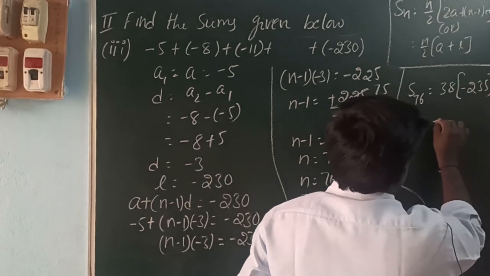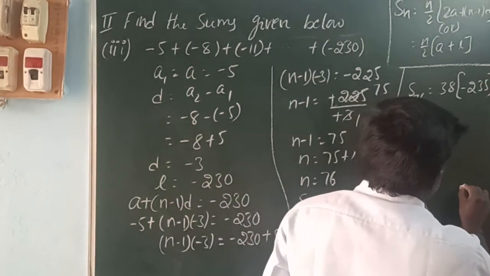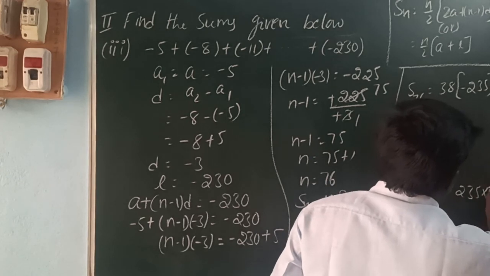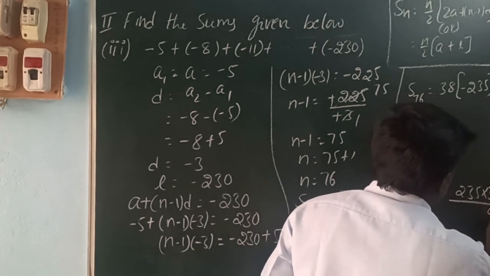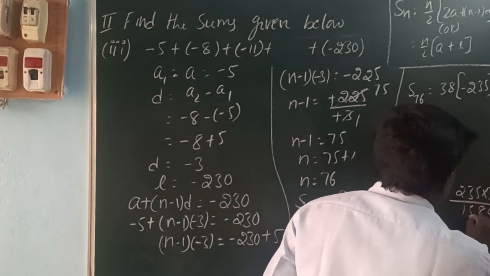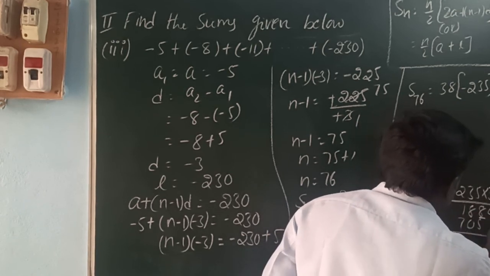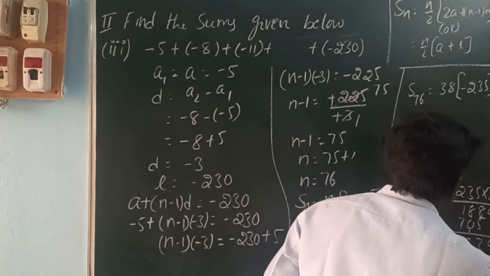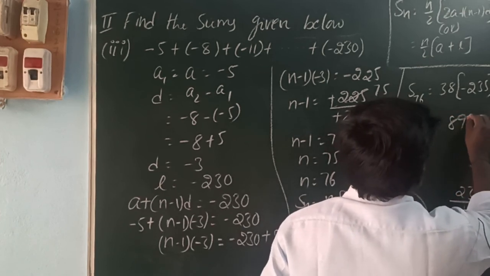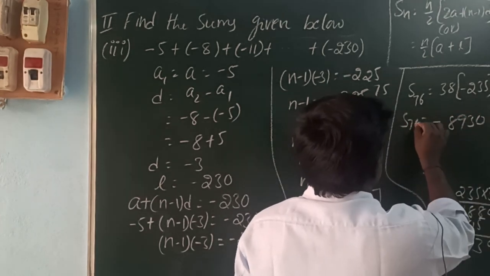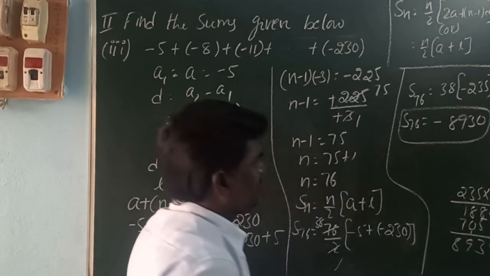So plus into minus is minus. So here 235 into 38. 40, 28, 18, next 15, 10, 7, so 0, 13, 9, 8. So that is 8930. So the sum of 76 terms is minus 8930.